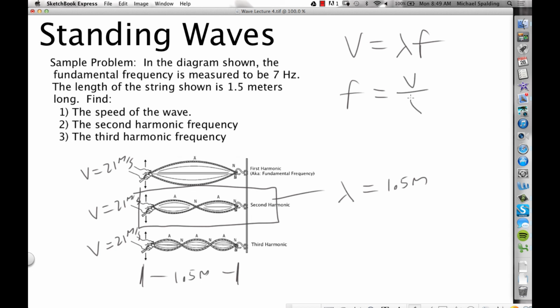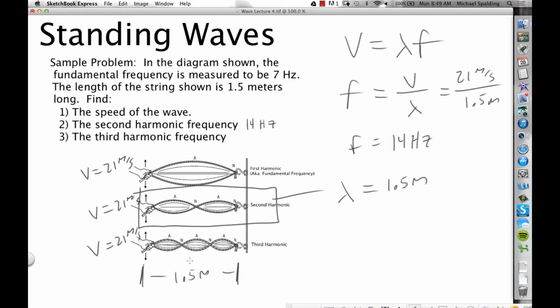Frequency is going to be velocity over wavelength. So that's 21 meters per second. They all travel at the same speed. The wavelength is 1.5. So that gives us a frequency of 14. Okay, so this is 14 hertz.